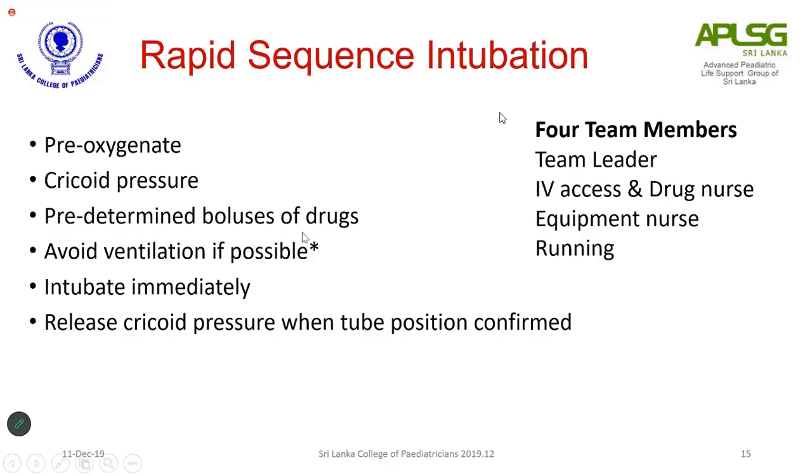All the drugs, the boluses and everything has to be predetermined according to the age and the weight of the child. And avoid ventilation if possible, but of course there are instances that you need to intubate and ventilate. In those instances, get all your things ready and intubate immediately without any delay, avoiding hypoxia of the patient. And once the tube position is confirmed, you can release the cricoid pressure.